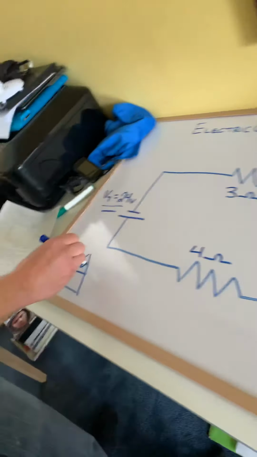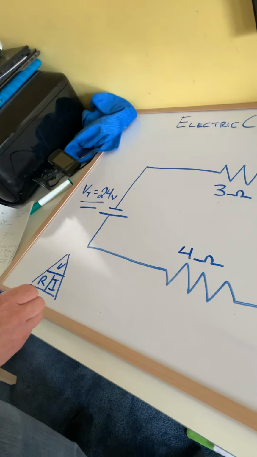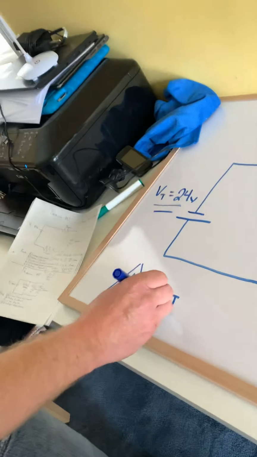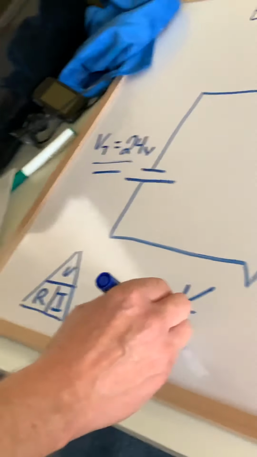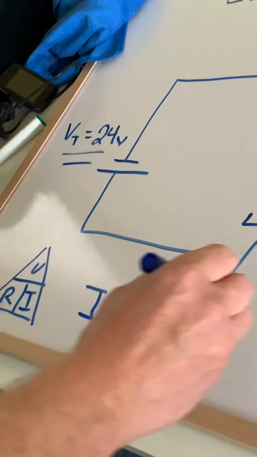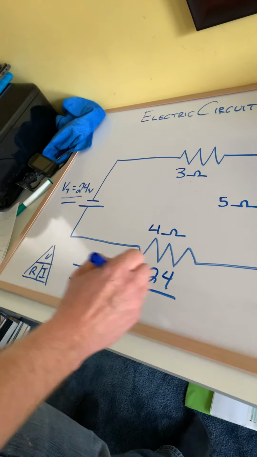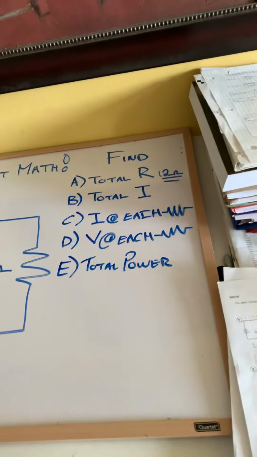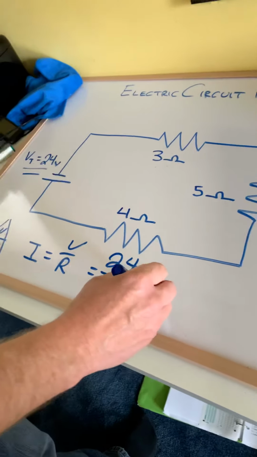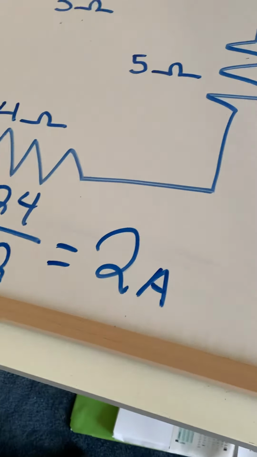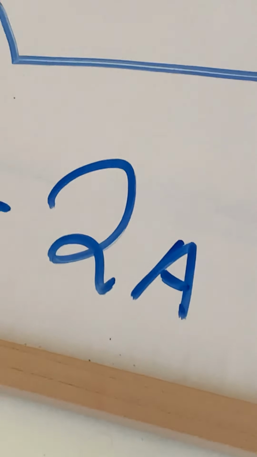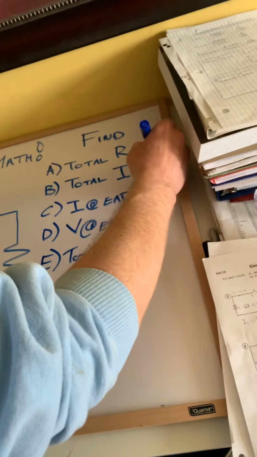If we go back to our triangle, resistance, voltage, and current, we know that current covered up is voltage divided by resistance. We have a total voltage of 24 and a total resistance of 12. 24 divided by 12 is 2 amps. So that's how we would do B.